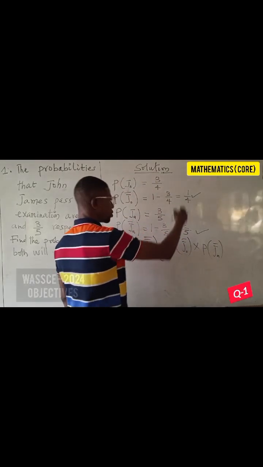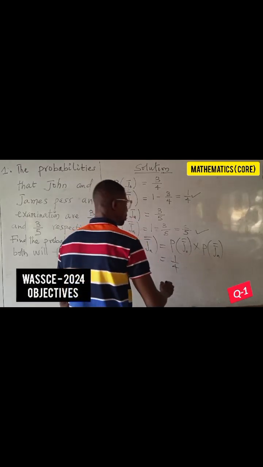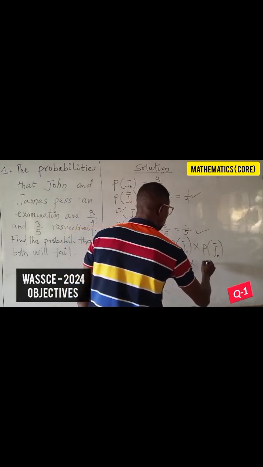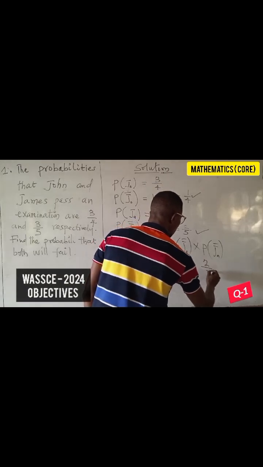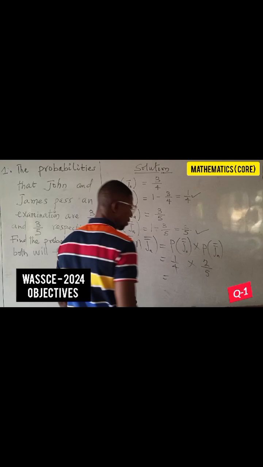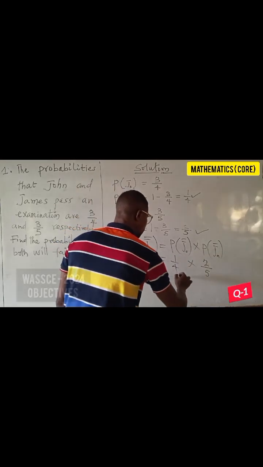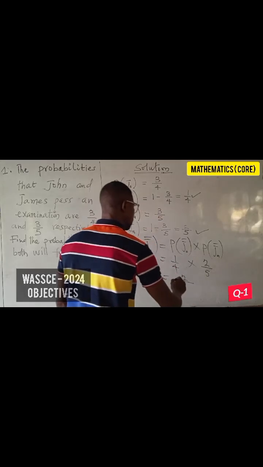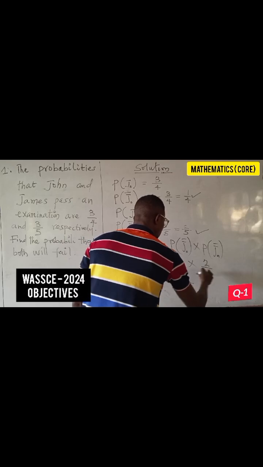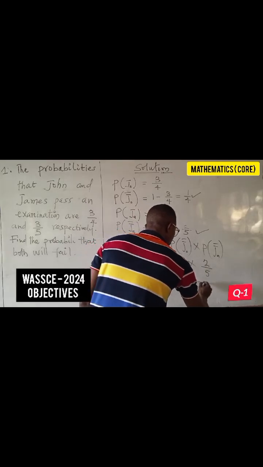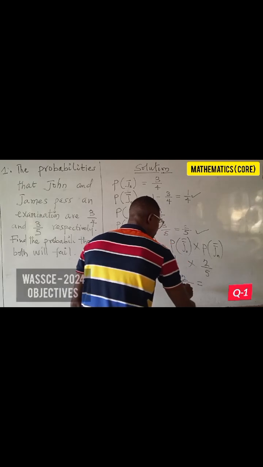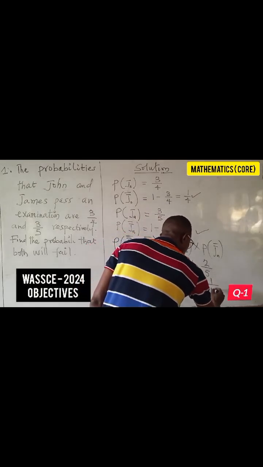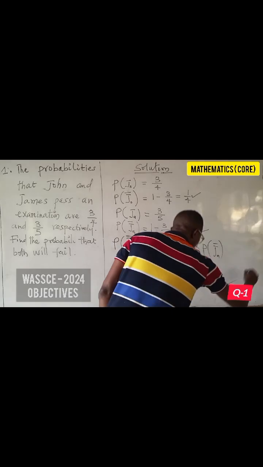With their probability values, we have 1 divided by 4 multiplying 2 divided by 5. By so doing, we have 1 times 2 as 2, divided by 4 times 5 as 20. Then at the end, by simplification, we have 1 divided by 10 as our answer.